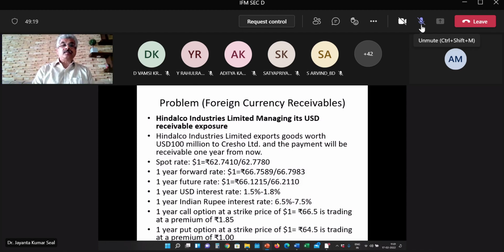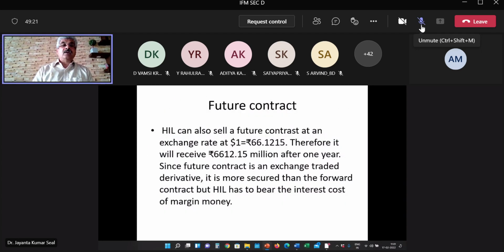Hindalco can sell a futures contract at an exchange rate of $1 equal to 66.1215. So it will receive 6612.15 million after 1 year, though it is mostly settled in cash.